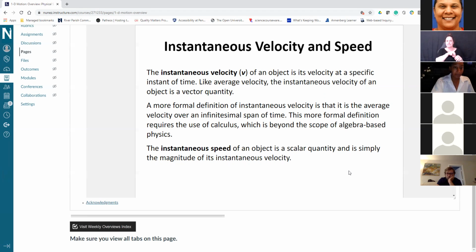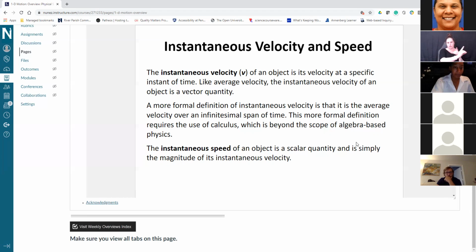At a particular moment, when he clocked you, you were speeding. Instantaneous is at a particular moment or instant in time. And if we're talking about instantaneous velocity, remember, velocity is a vector quantity, a vector property that involves size and direction.